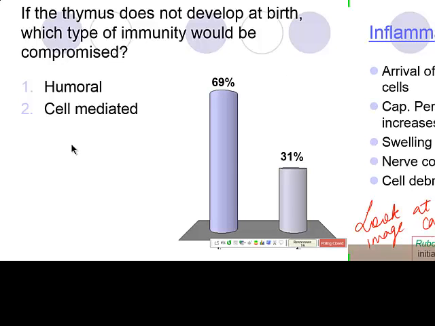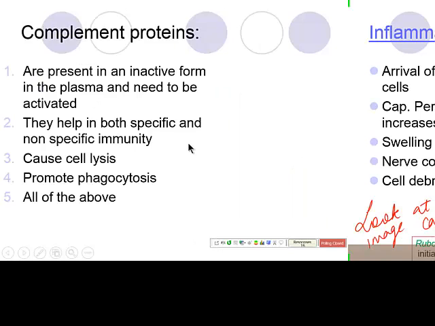Remember, thymus T lymphocytes become immunocompetent in the thymus, and that's why we call them thymus dependent. That's why they take part in cell-mediated immunity. Humoral immunity is B lymphocytes, which go to the bone marrow.